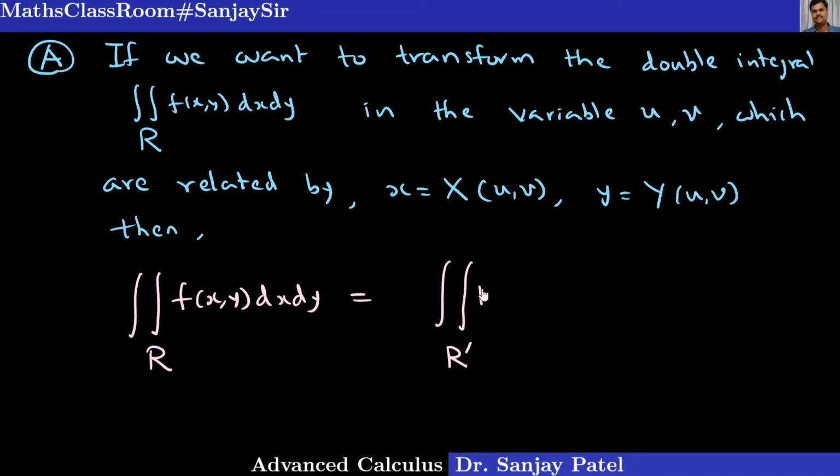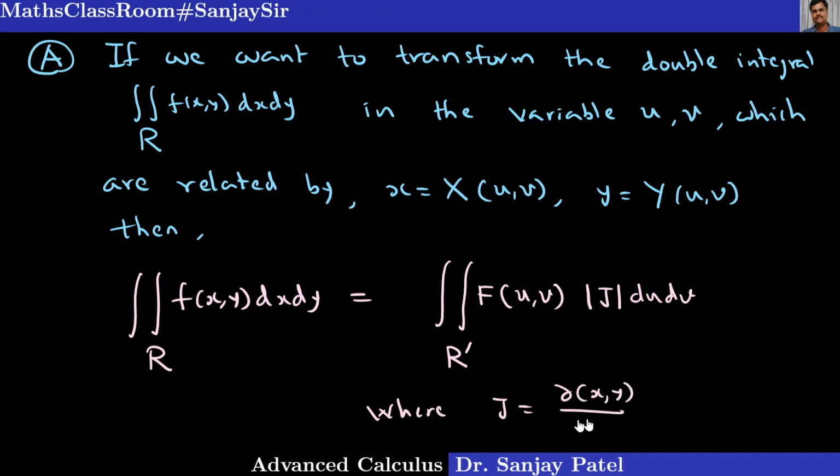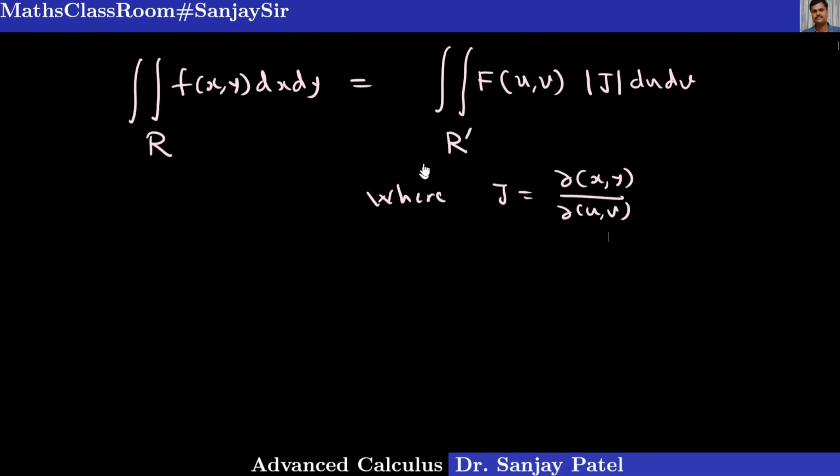So this becomes a new function, capital F, of the variables u and v, and the differential dx dy is replaced by mod J into du dv. Remember, J is the Jacobian of x, y with respect to u, v. So this is the formula for transforming a double integral from the system x-y to u-v. So we can think like this. This is one system, say the x-y plane.